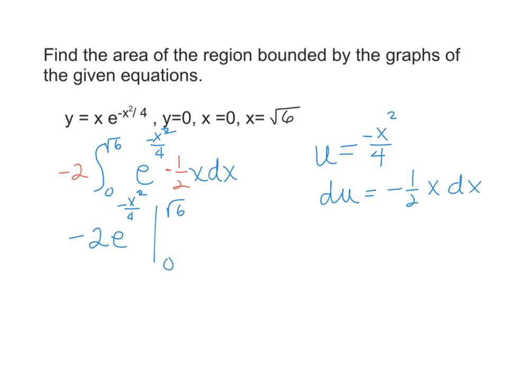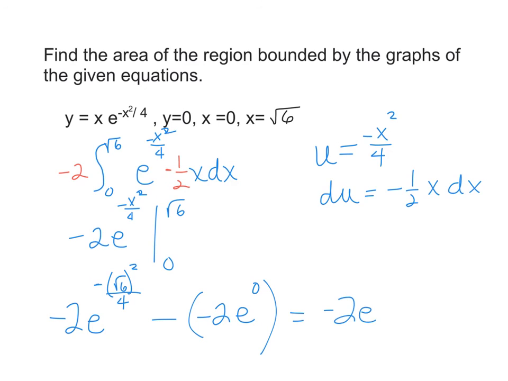All right, so we just plug it all in. So we have -2e to the negative square root of 6 squared over 4 minus -2e to the 0. Okay, so if I look at this first part, that's going to give me -2e to the -3/2, right?